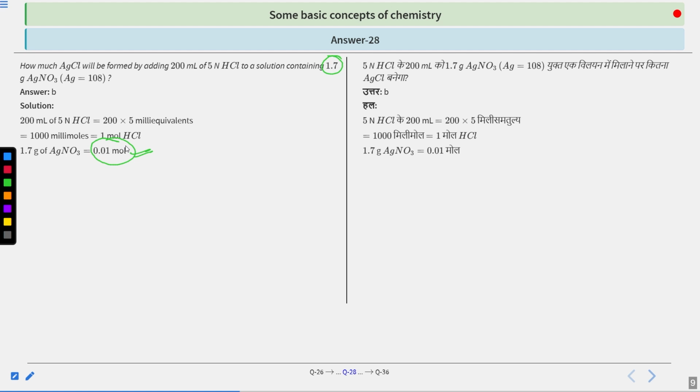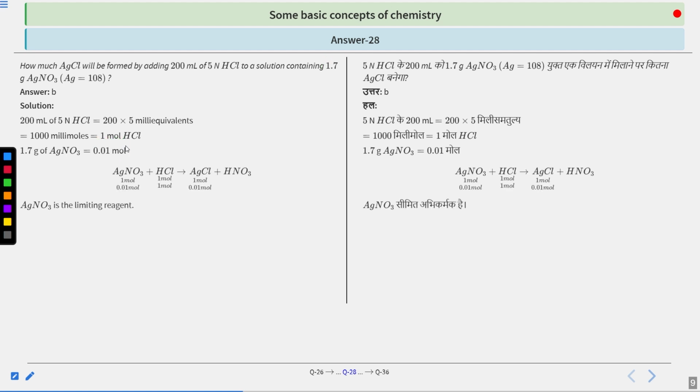Now, next thing, write the balanced equation. AgNO3 will react with HCl to give AgCl and HNO3. So 1 mole of this will react with 1 mole of this to give 1 mole of AgCl and 1 mole of HNO3. According to this equation, 1 mole of HCl will react with 1 mole of AgNO3.